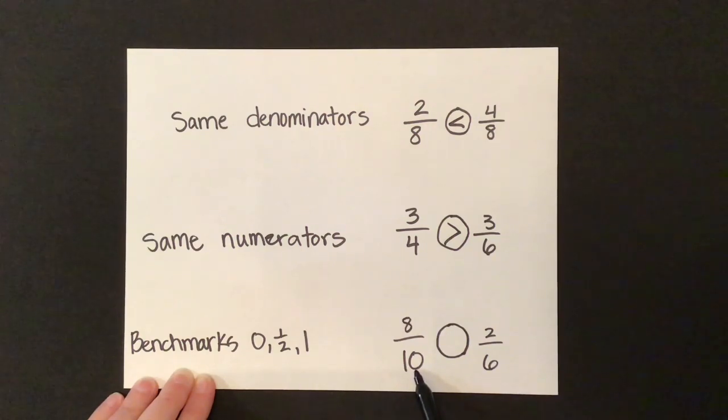It's just 2 pieces away from a whole. And I know that 2/6 is just 1 piece less than the half. So we have one fraction greater than a half and one less than a half. Without even drawing a picture or using fraction bars, I can tell that 8/10 is greater than 2/6.